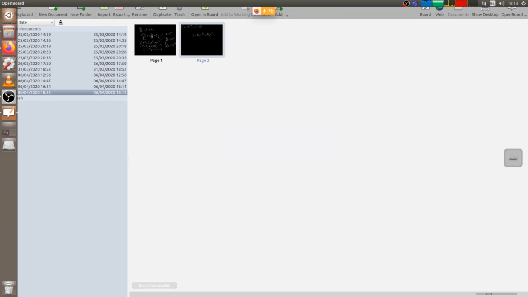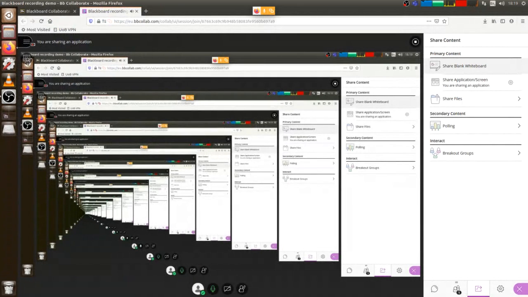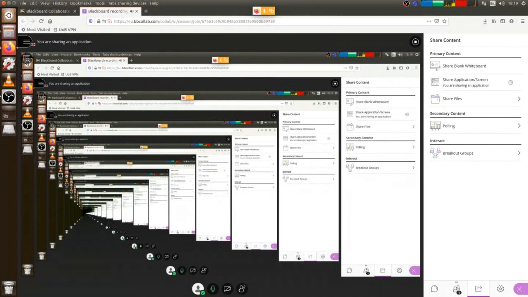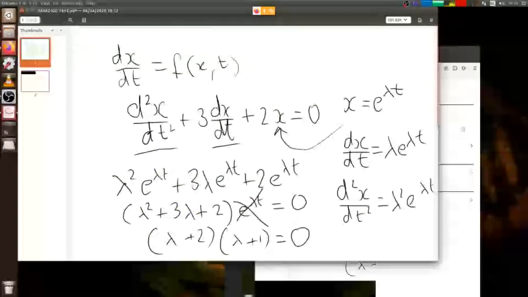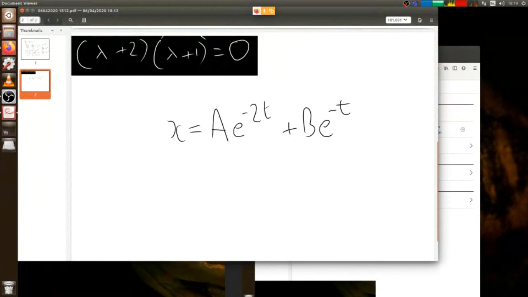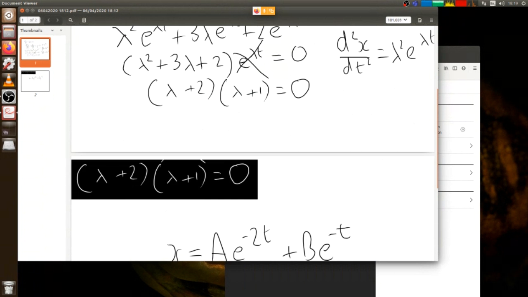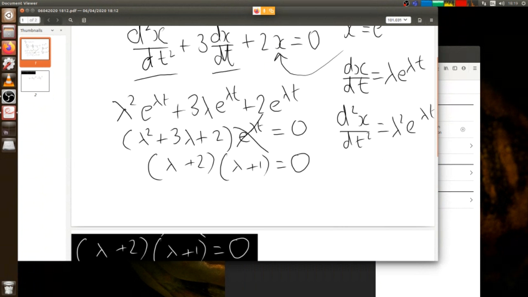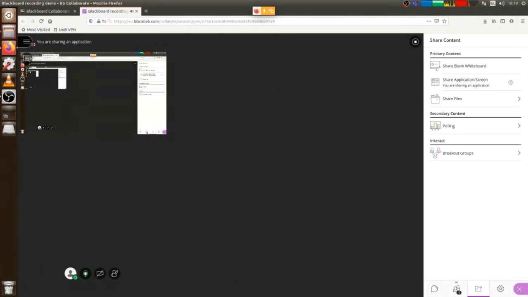Then if I go to the desktop, I can close OpenBoard now, and minimize this, and then this is the generated PDF file, which I could then share on Blackboard with the students. This bit that I cut is black and white, where the rest is white and black. I'm not really sure why that happens. But I could upload that for the students to see after the lecture is finished or after I've finished recording.